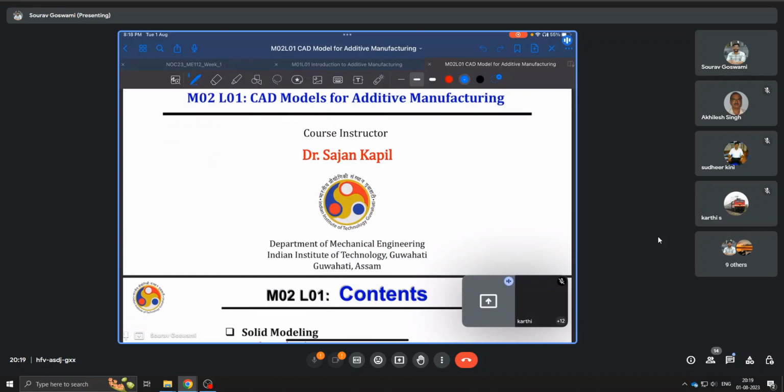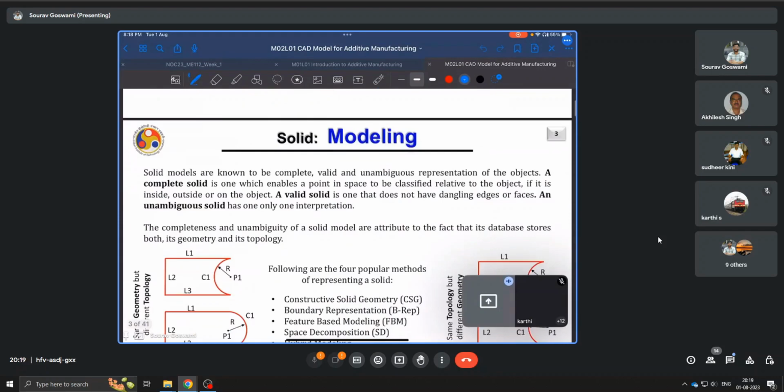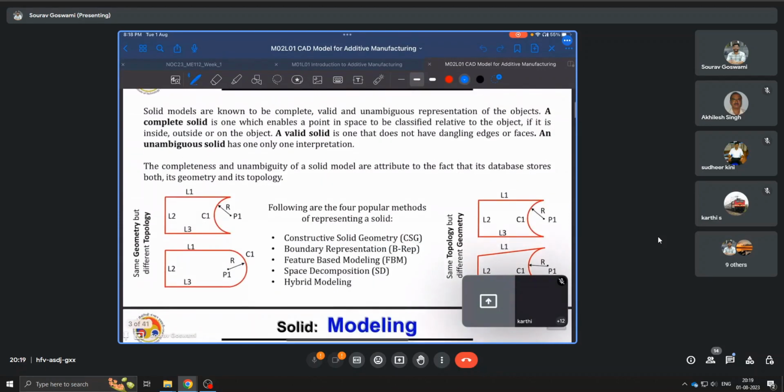In the second lecture this week, Professor Kapil covered CAD models for additive manufacturing, and maybe something important to look at is the difference between geometry and topology.